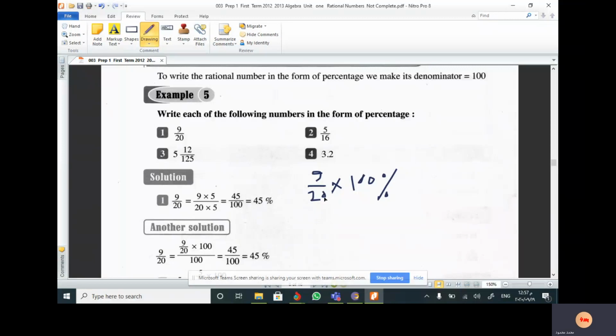Here you will simplify. 20 divided by 20 will be 1, and 100 divided by 20 will be 5. Then multiply 9 times 5, it will be 45 over 100. So it will be 45%.